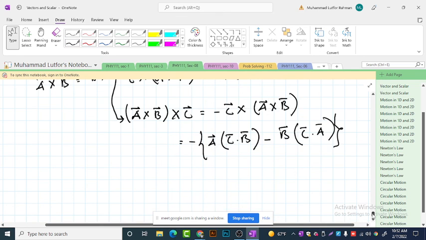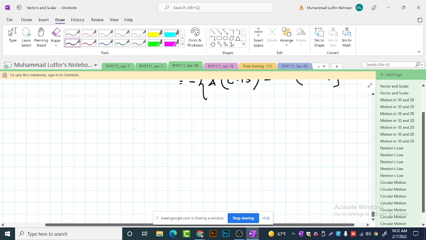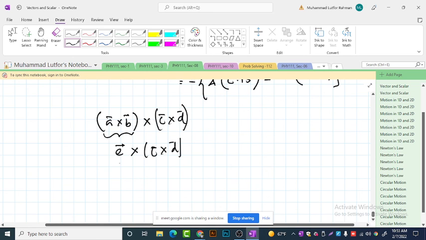So if the case is say more than 3, say I have a vector like that, A cross B cross C cross D, I have to find out this product. Then I can consider this vector as a single vector, say the vector E with C cross D, right? Now I can use my vector formula over here.